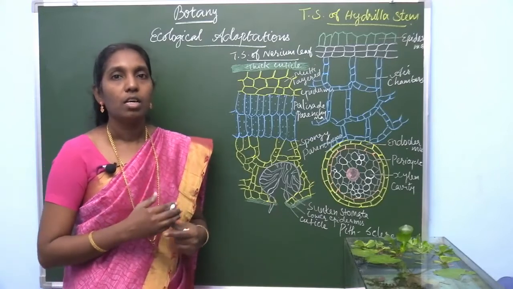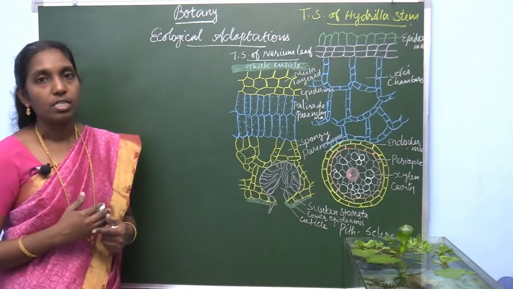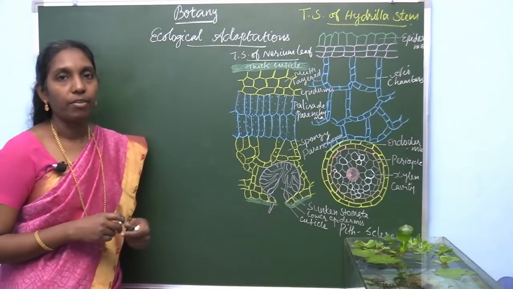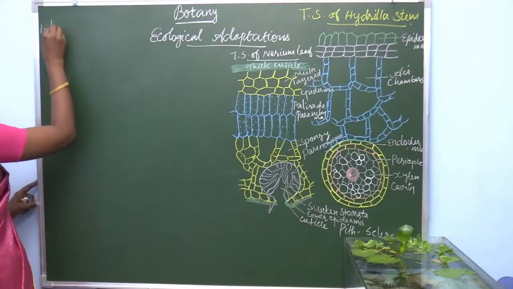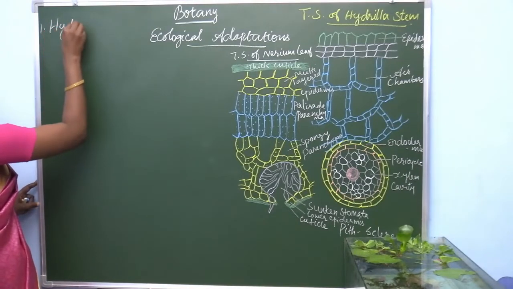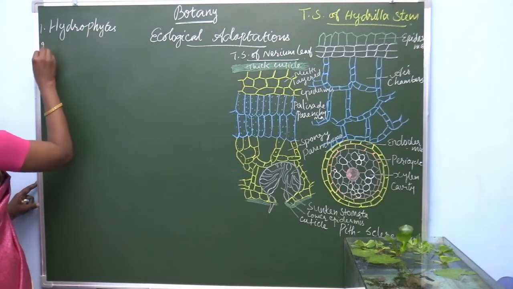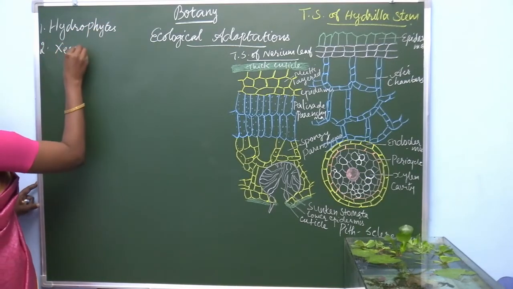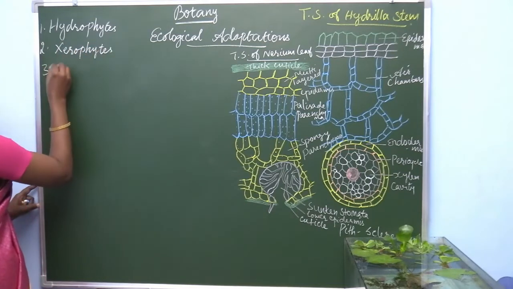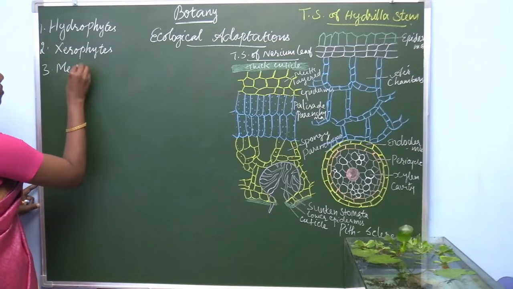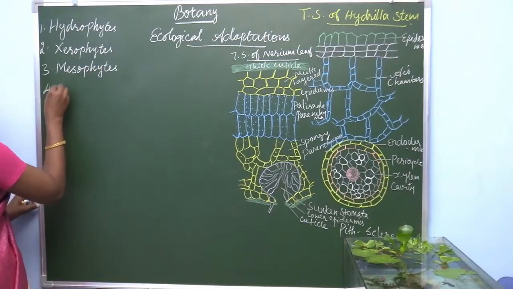Based on this habitat and the corresponding adaptations, the organisms are classified into different types. They are hydrophytes, xerophiles, mesophiles, and halophytes.